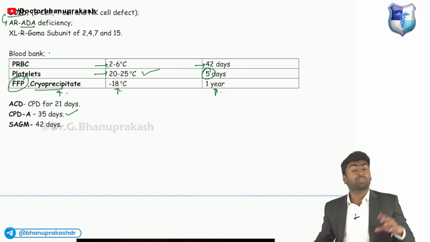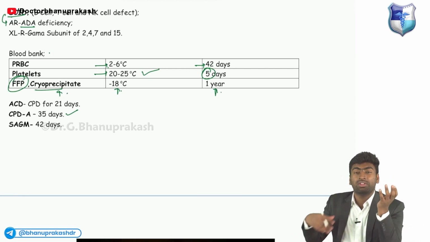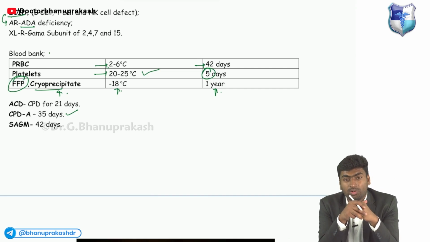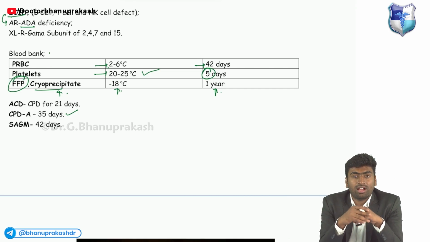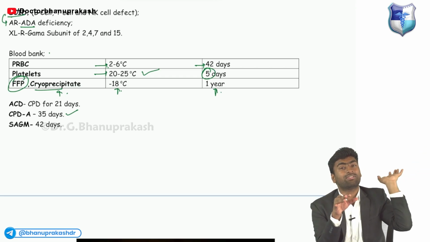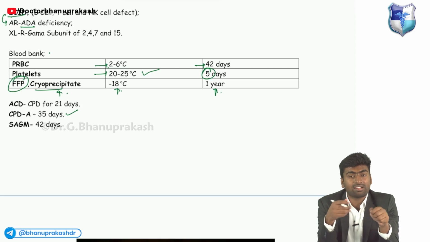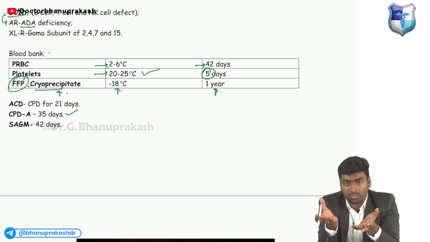But remember, in the question they will say you gave fresh frozen plasma, which was stored for 8 months, to your patient. Now the patient is discharged before you could give it. Now you have this thawed fresh frozen plasma, meaning previously it was frozen, and now it is not frozen, it has been brought to normal temperature.